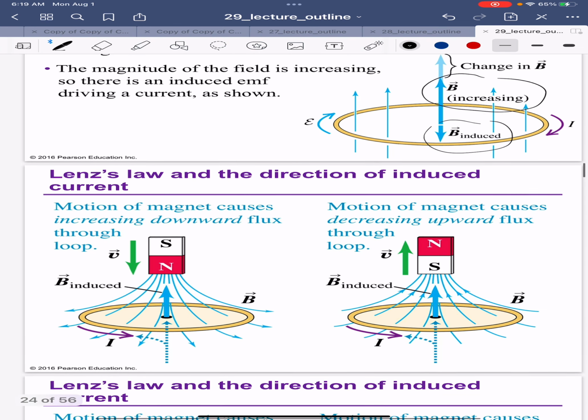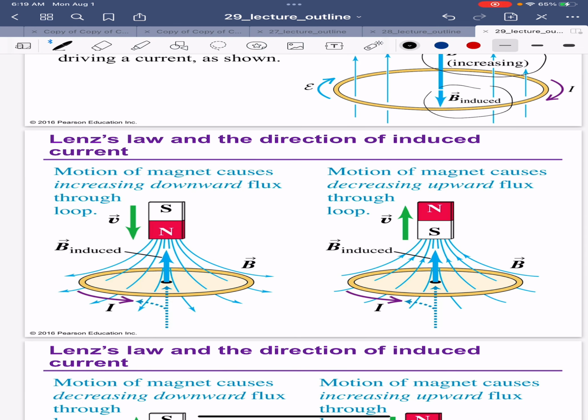We can show some examples of Lenz's law. Of course, you're going to have different examples: maybe moving a magnet towards the coil, or having a switch on and off, or changes in area that cause a change in the flux.